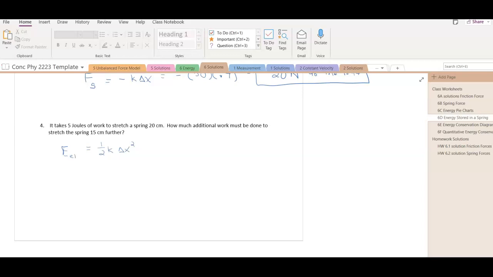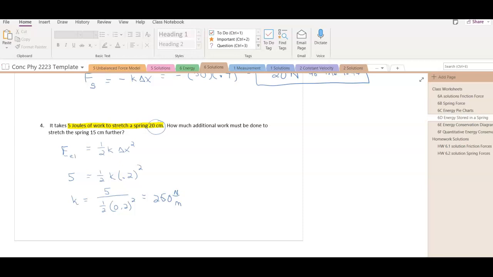I don't know the K yet, but this first sentence, that it takes 5 joules to stretch it 20 centimeters, lets me find K. Be sure to convert the 20 centimeters to meters. So then K would be 250 newtons per meter. Okay.